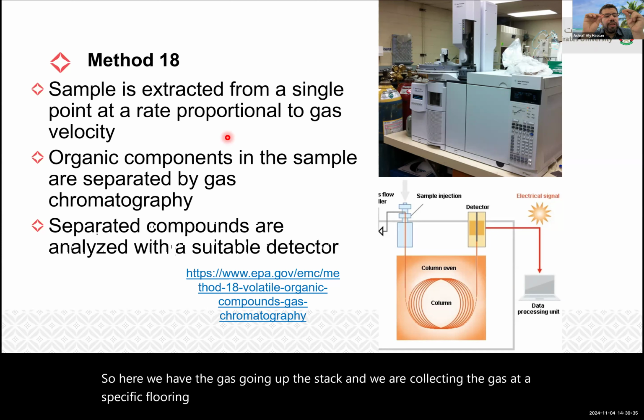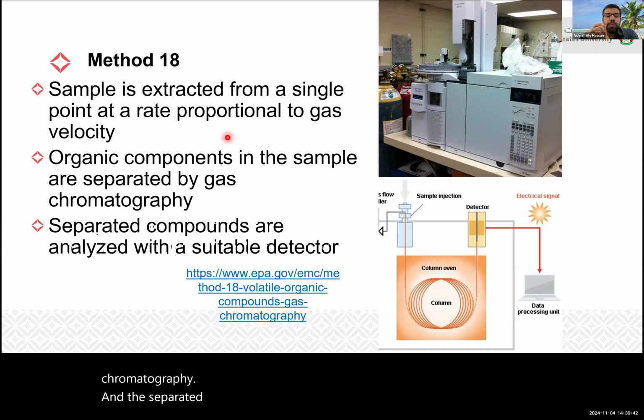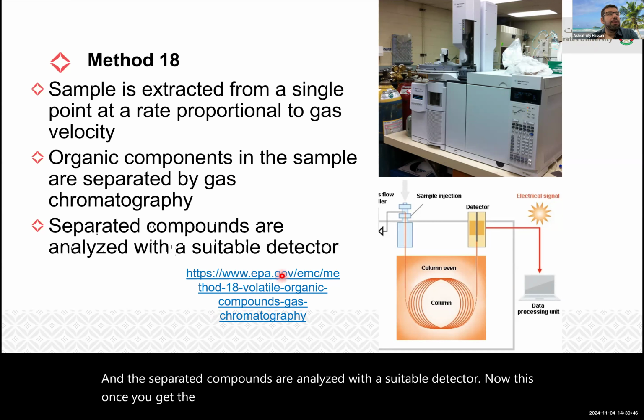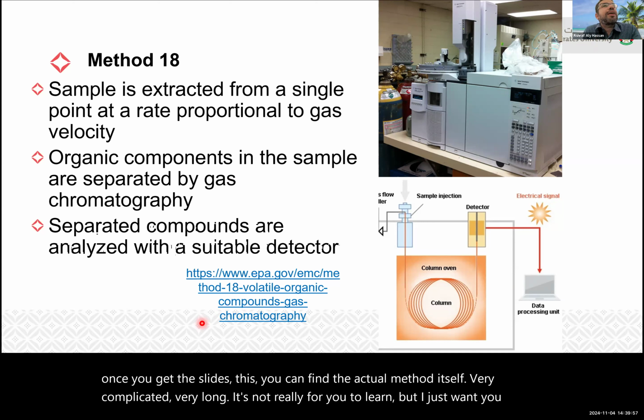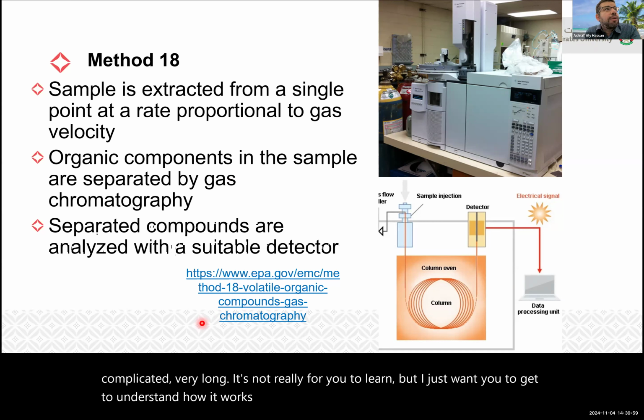The organic components in the samples are separated by gas chromatography, and the separated compounds are analyzed with a suitable detector. Once you get the slides, you can find the actual method itself. Very complicated, very long. It's not really for you to learn, but I just want you to understand how it works and get the essence of it.